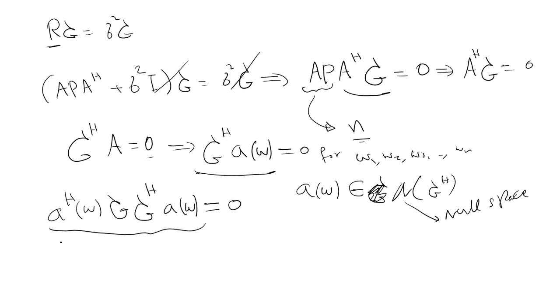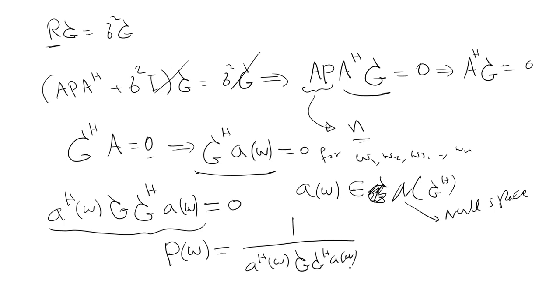Now this is a scalar, and I can form the pseudo-spectrum P of omega equals 1 over A Hermitian of omega G G Hermitian A of omega. I call this the pseudo-spectrum, and in real applications, because I have only an estimate of G, this term for the true frequencies is very small.